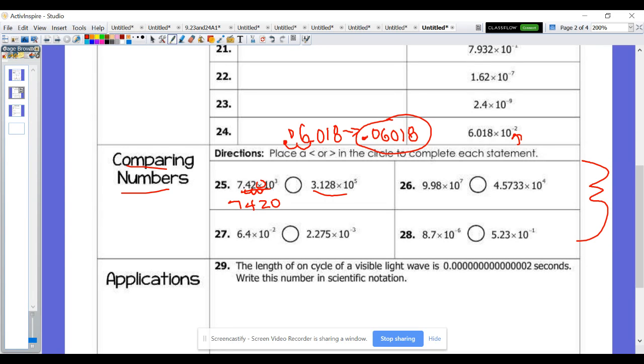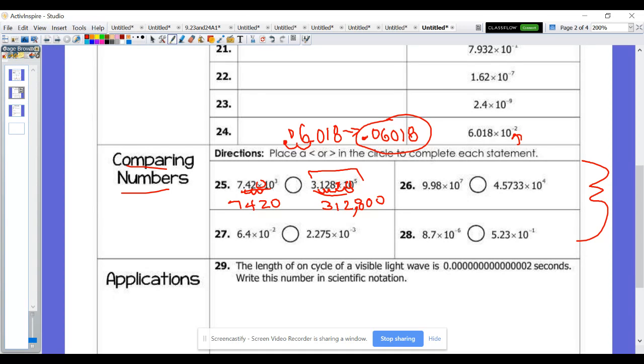I'm going to do the same thing with this guy over here. This one's telling me I have to move 5 places to the right. 1, 2, 3, 4, 5. Throw in some zeros where they belong. And again, throw in some commas just so it looks a little bit more like what we're used to.